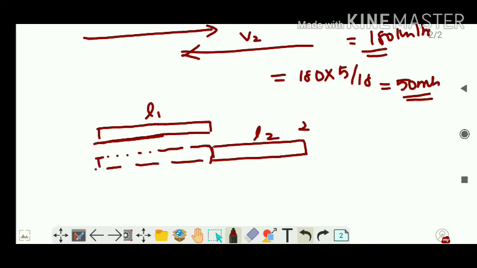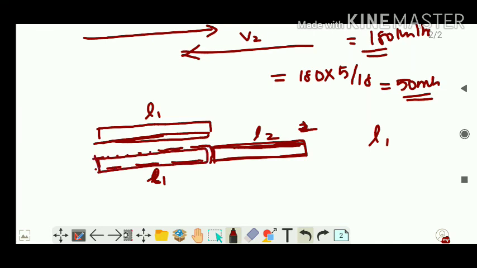So that is L1. The second train first has to travel L1 distance, right? Now the second train has reached here, right? Now it has to cross over, meaning this has to reach here, right? The second train has to reach here.